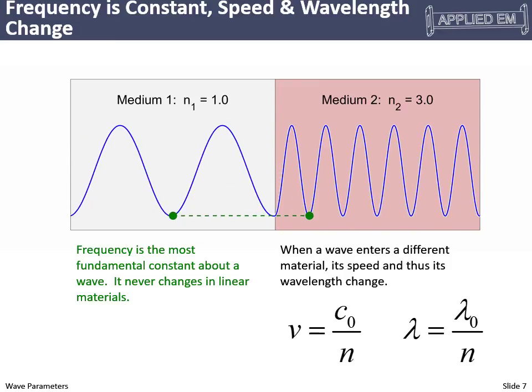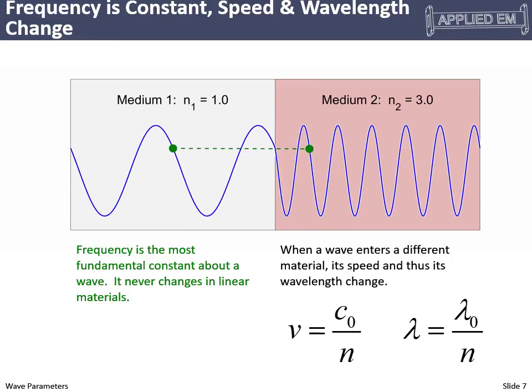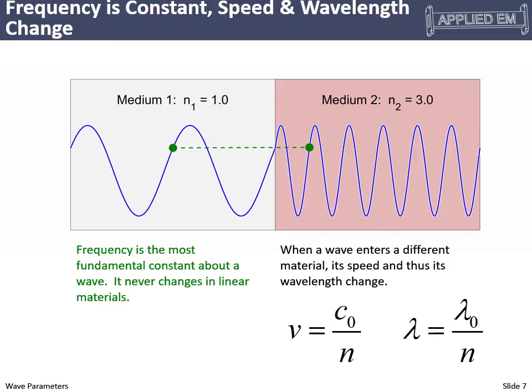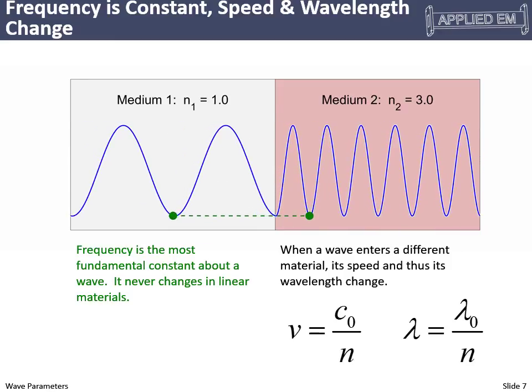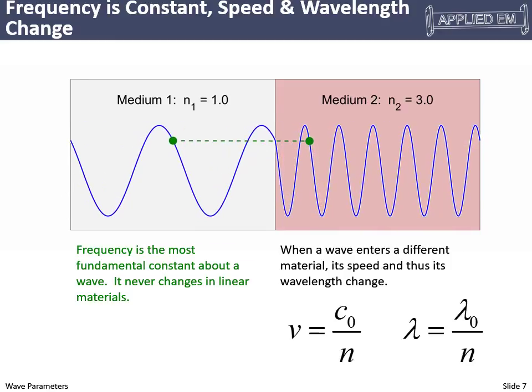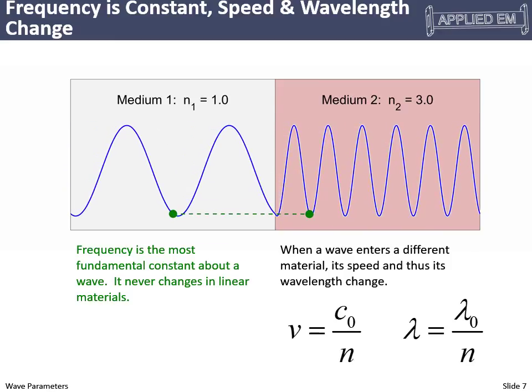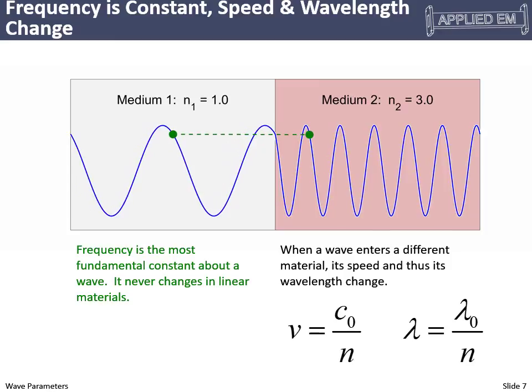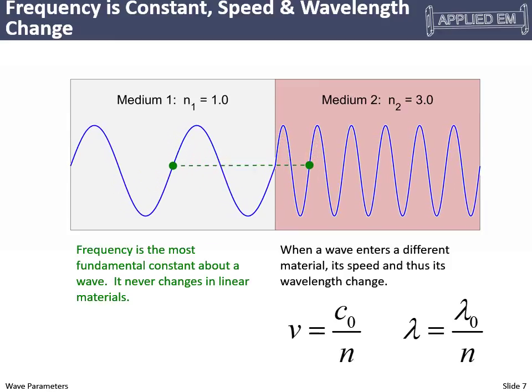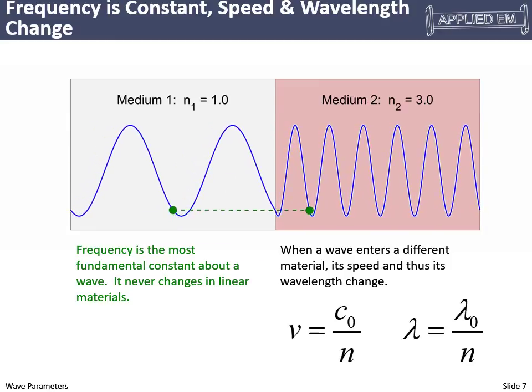So in a linear medium, and also media that's not moving, and the media is not moving here, just the wave, frequency is constant. So that's the thing that's fixed, that doesn't change. However, we can see that the speed changes, and also because the speed is changing, so is the wavelength.